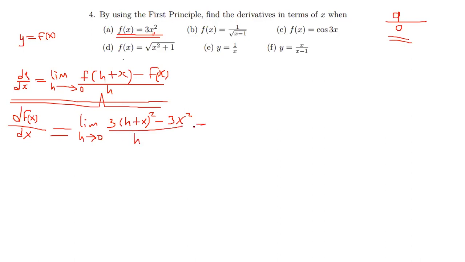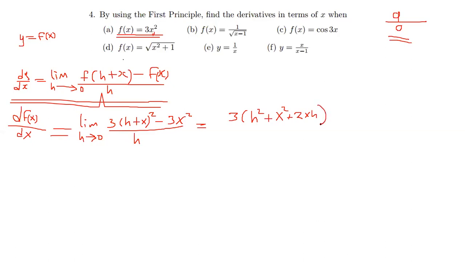What you do here is simplify the expression on top. The expression on top is going to be 3 times, when you expand this, h squared, then x squared, then 2xh.